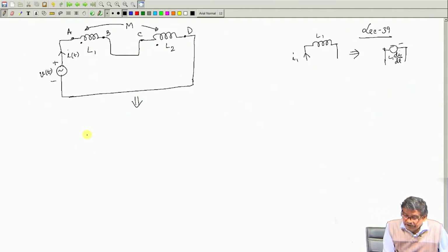So, between points A and B, let us see what are the things. Current is entering here, I1, there will be a voltage source present whose polarity will be like this, because I1 is like that.